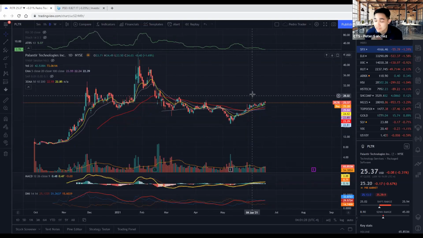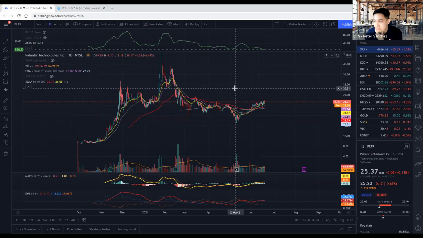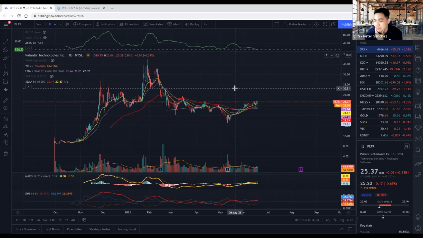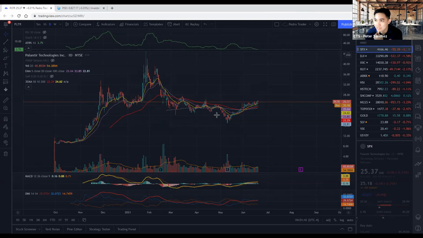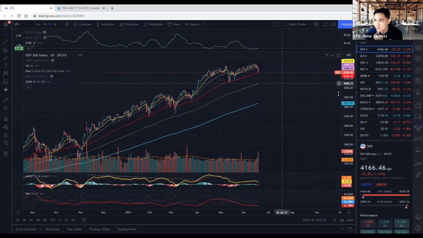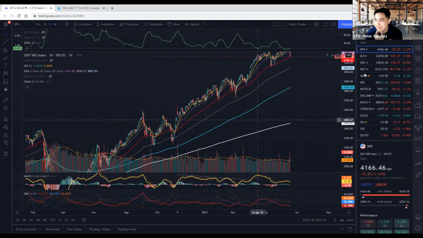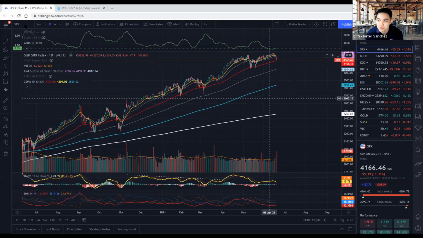From a technical analysis perspective, low priority since at first glance, it looks weaker than the market. Nagko-consolidate siya, mas mahina siya, pero yung SPX natin paakyat. So again, first check pa lang, mas mahina siya versus the overall market. Auto pass for me.